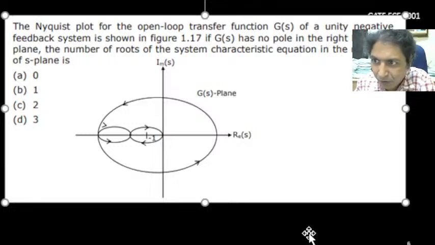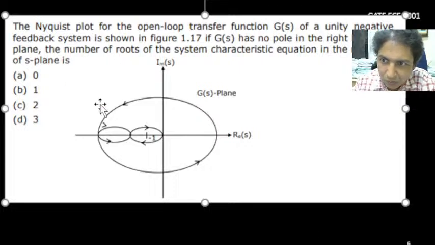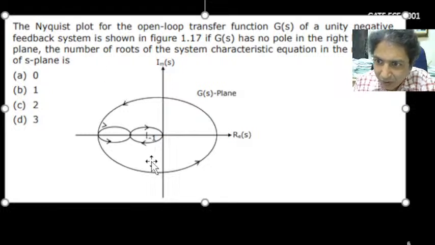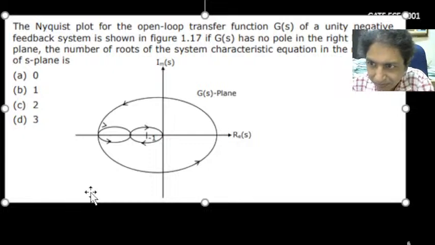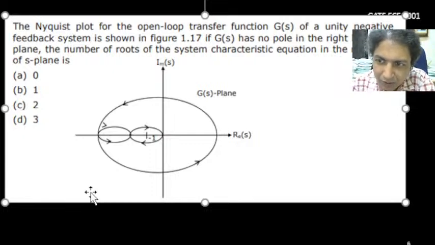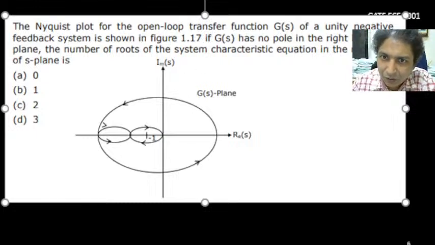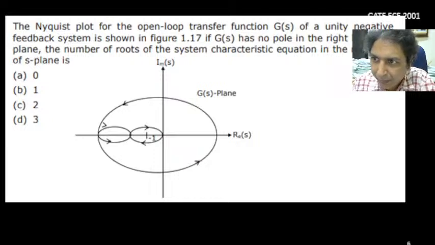So the number of poles on the right hand side, that we need to decide. So what will we do? First we need to understand how many times this contour on the GS plane will enclose the minus 1 plus j0 point. Okay, so in this case, how to find it? We'll consider this point.